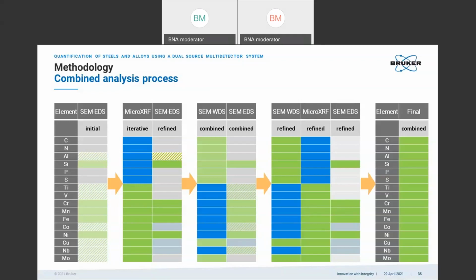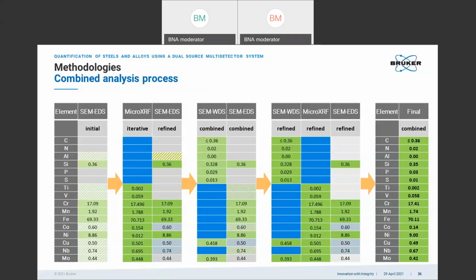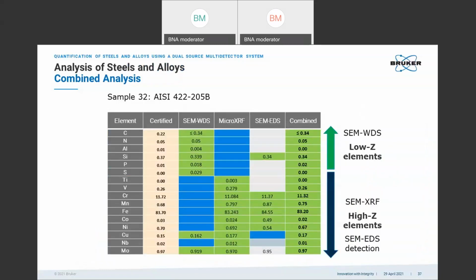This combination will be the final result, and it's shown here with some numbers where we determine the values sequentially by combining the strengths of all three analysis types. And here are some results for just two of the samples, showing the light elements and the low Z elements determined by WDS.